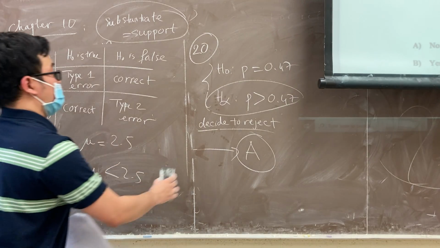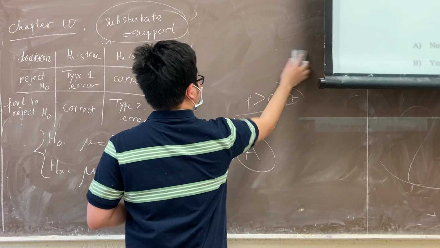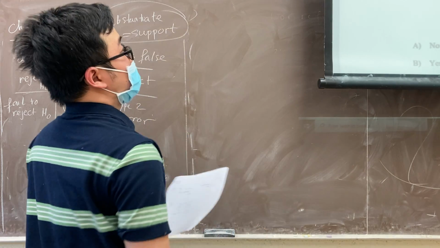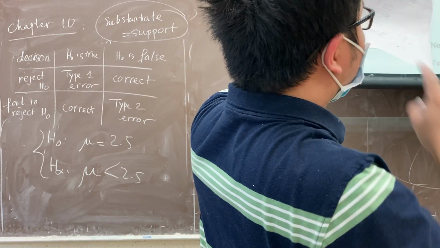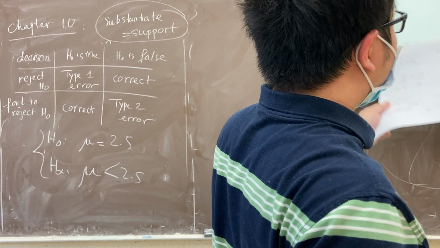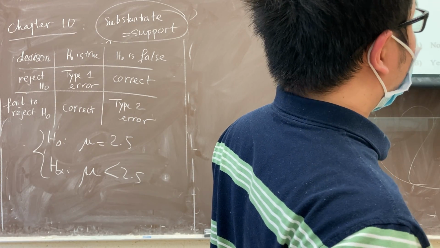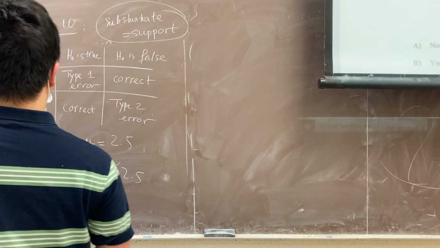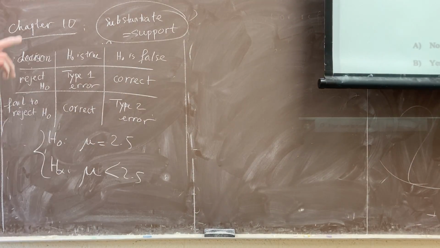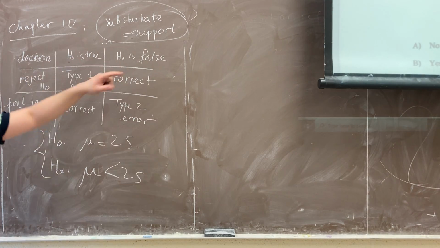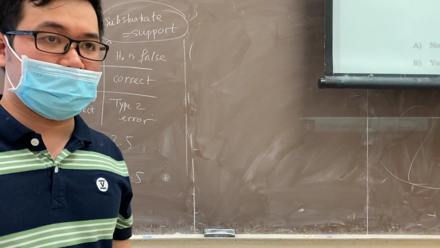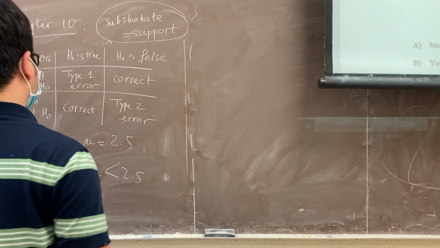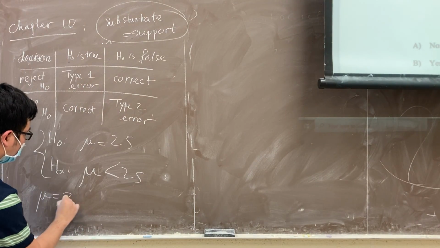Okay, and now we look at these. So look at the sentence. Assume that in reality, the mean amount of television watched by children per night is 2.3 hours. So if we have this statement, could you tell me H0 is true or H0 is false? It's false. Yeah, exactly, it's false because the reality here is 2.3.